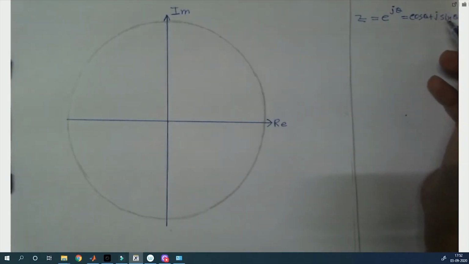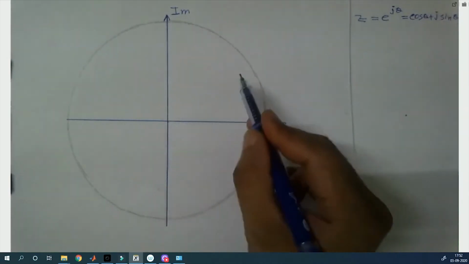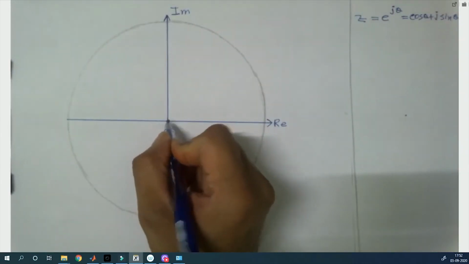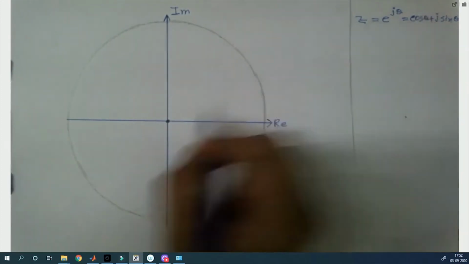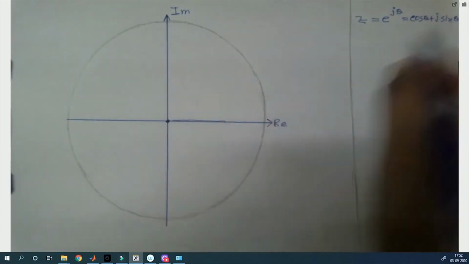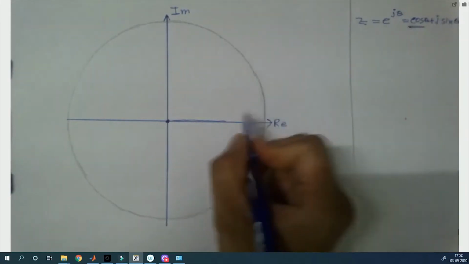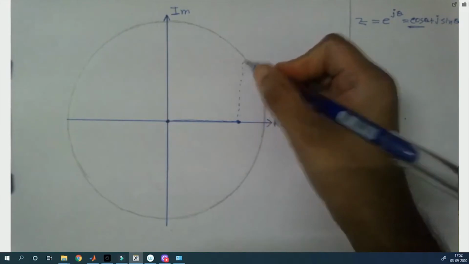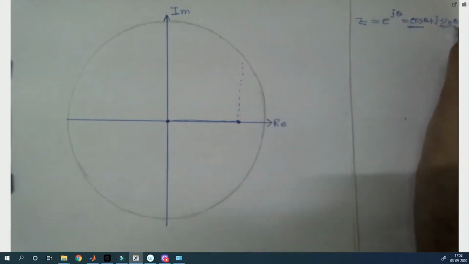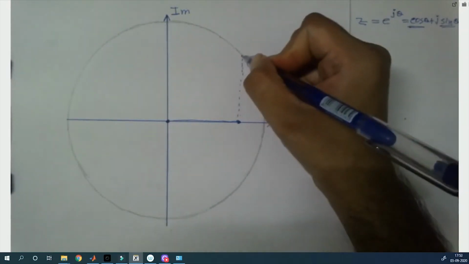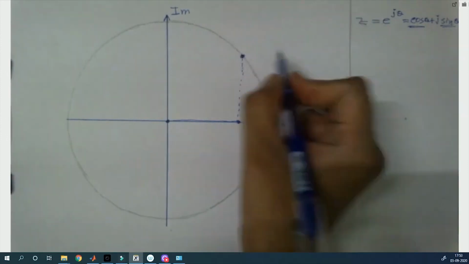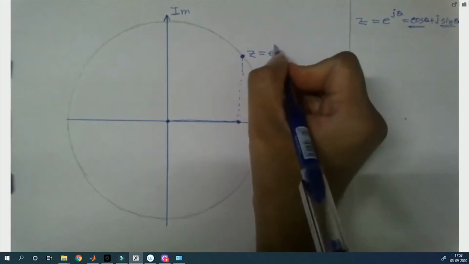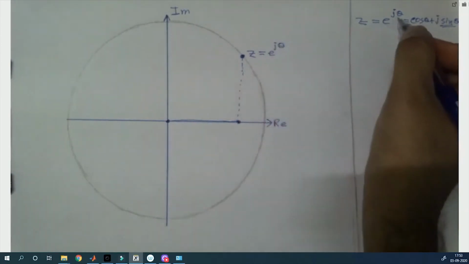This number can be represented on this plane by starting from the origin, then moving towards the right by an amount of cosine theta, and then moving upwards by an amount of sine theta, and you will reach the point that represents this complex number z equal to e to the power j theta.